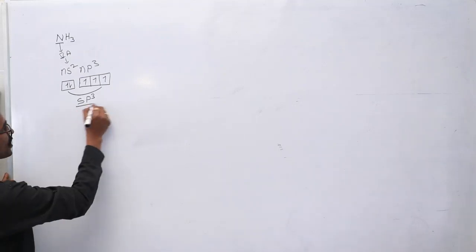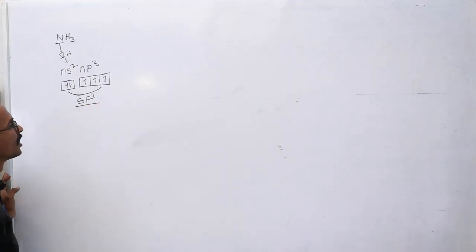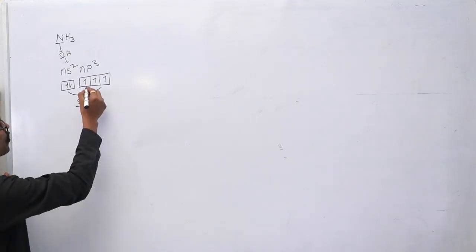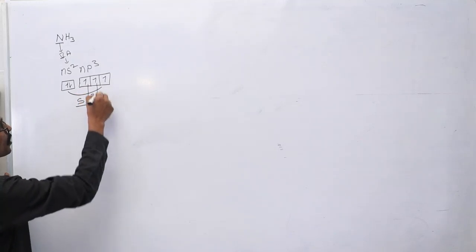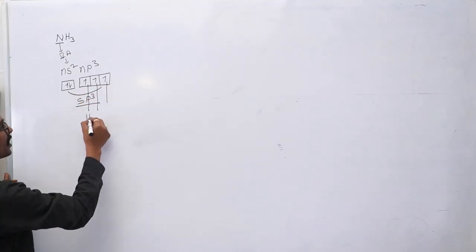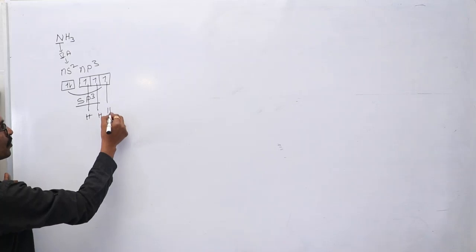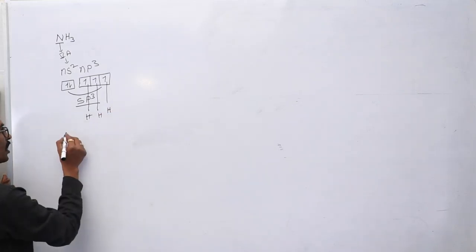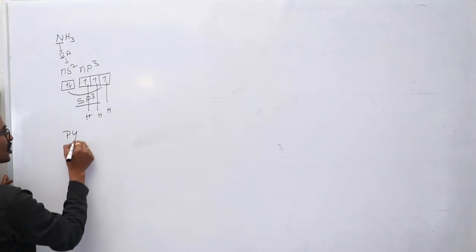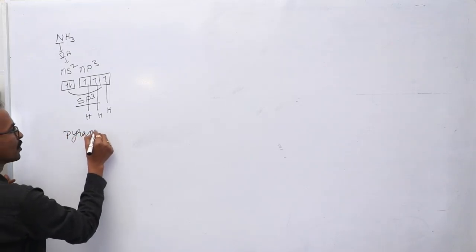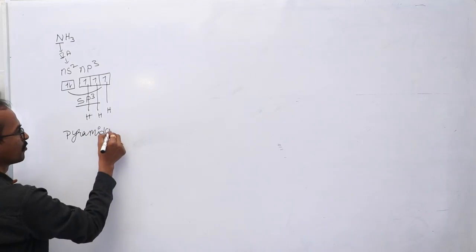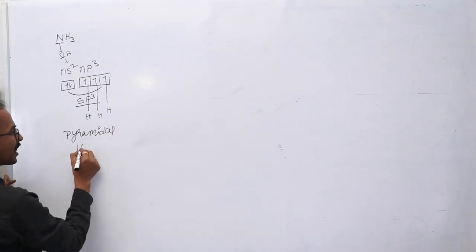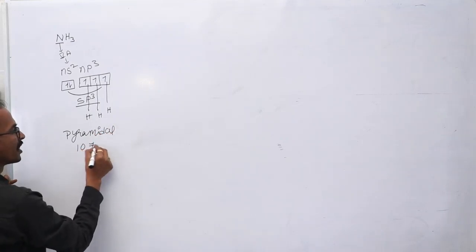So it undergoes sp3 hybridization, and the 4 sp3 hybrid orbitals overlap with the s orbital of hydrogen to form the ammonia molecule. But the molecule is having a pyramidal shape. The shape of the ammonia molecule is pyramidal, and it is having the bond angle 107 degrees.